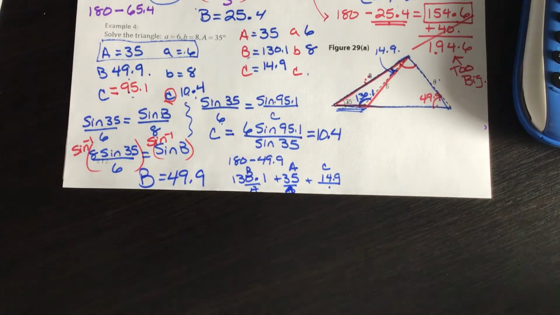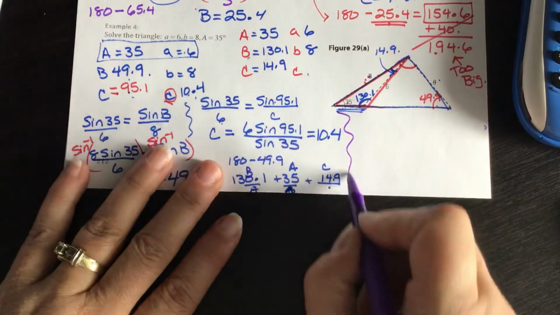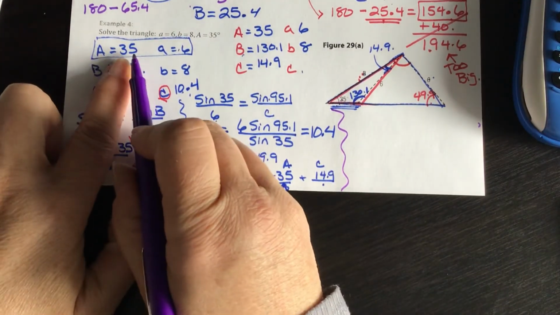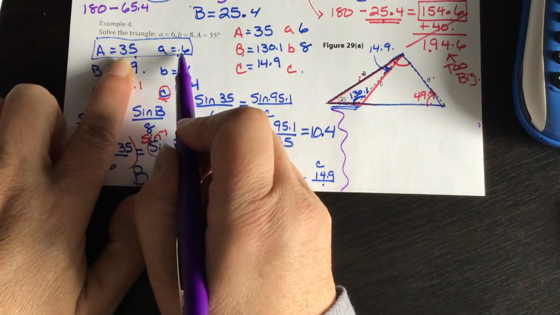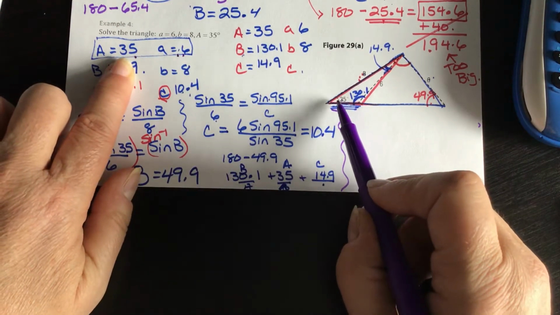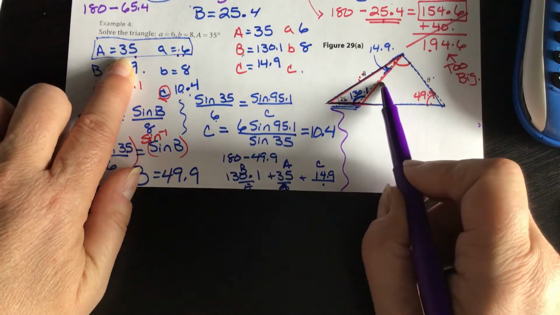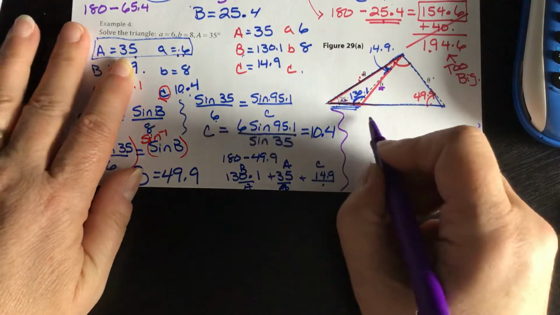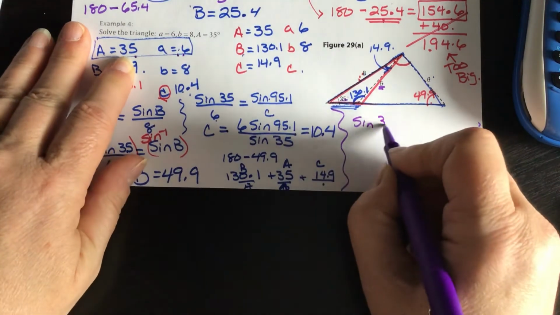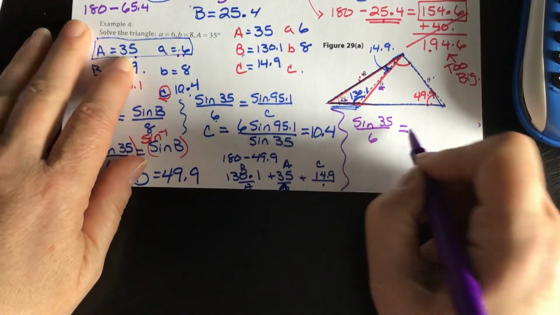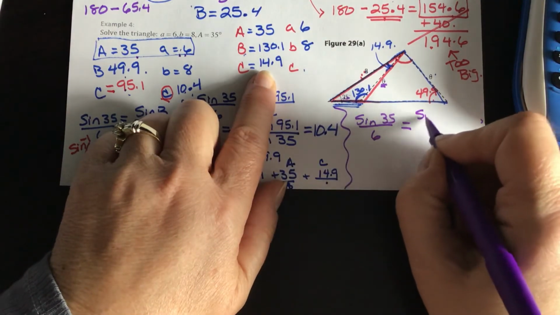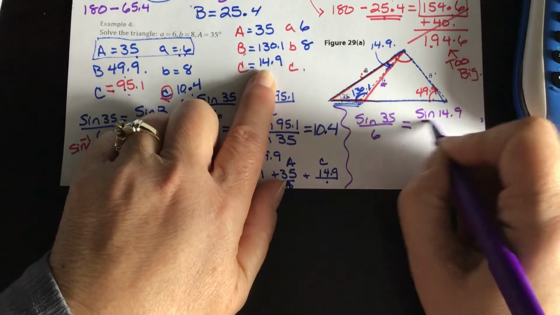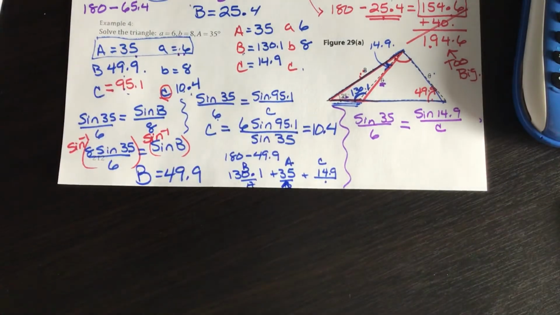All right, so I need to find that side. I'm going to go back and use this same ratio, angle 35 and side 6. So 35, opposite side is 6 right here. So sine 35 over 6 equals sine 14.9 over the length of side C, which is what I want to find.